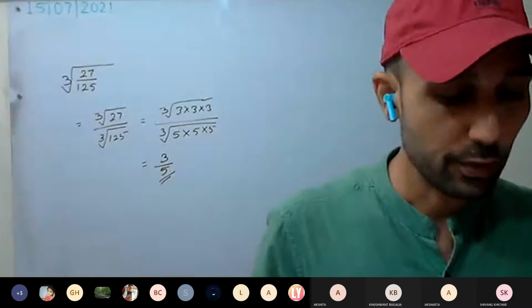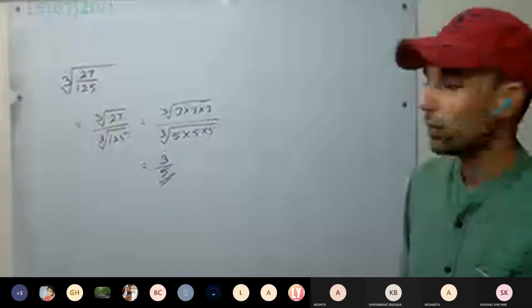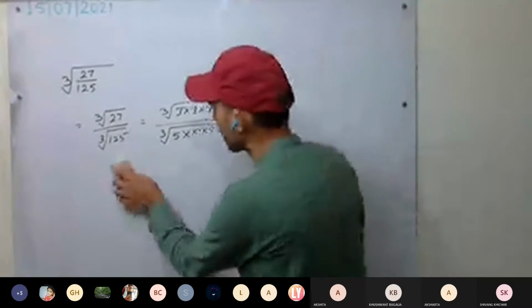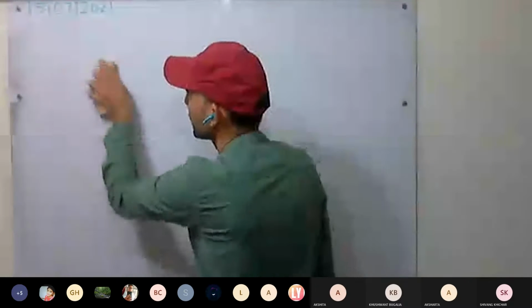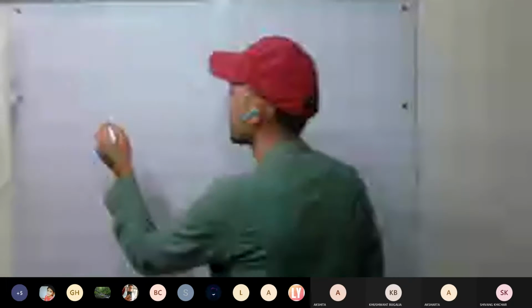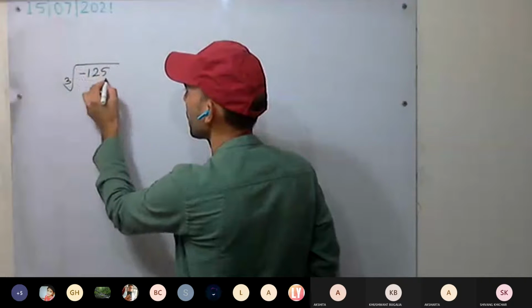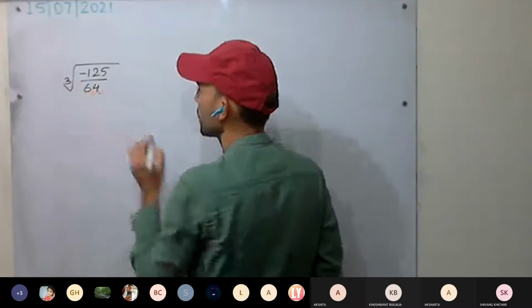Has everyone understood? Okay, the next one you all do. I'll wait for a minute. So what are you going to do with the negative sign? Since it's a cube root, the cube root of minus 125 upon 64.